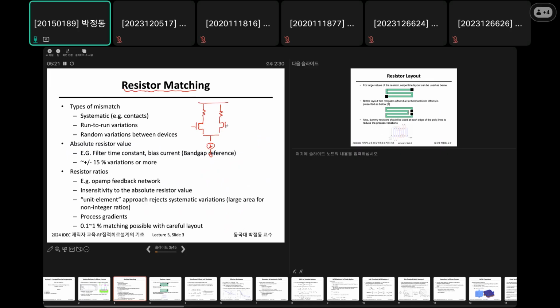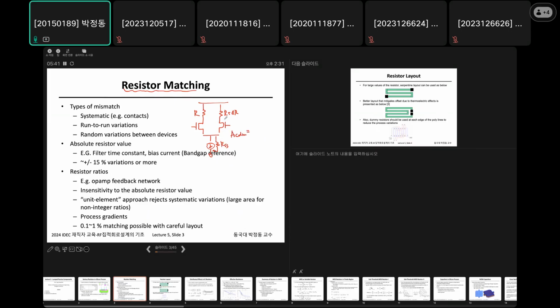So as you know, once there exists resistance error like this, then this might induce loss of common to differential gain.